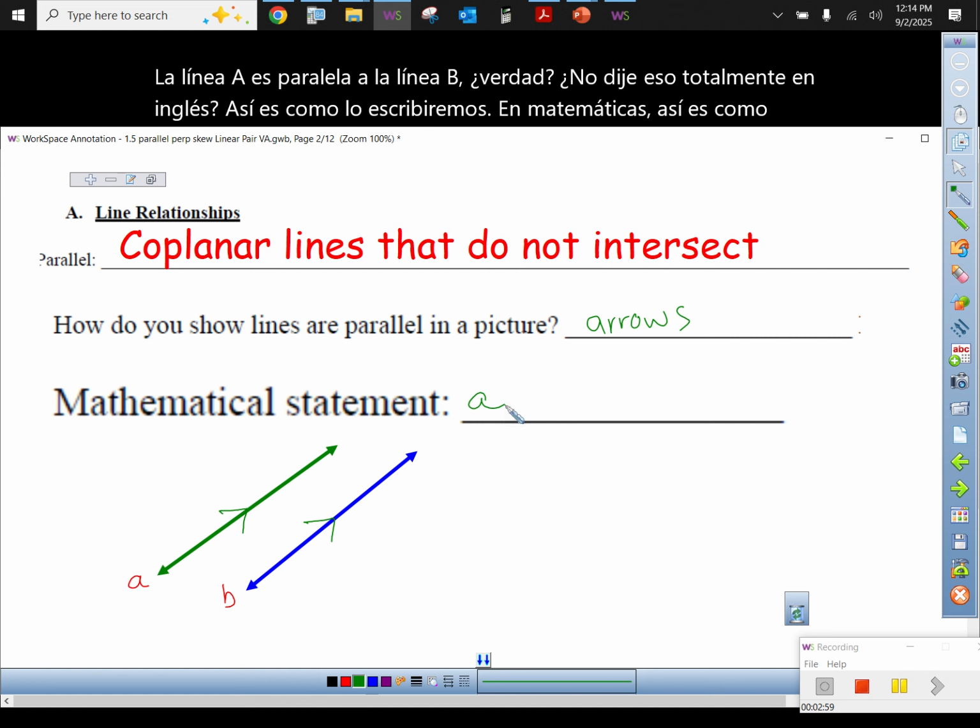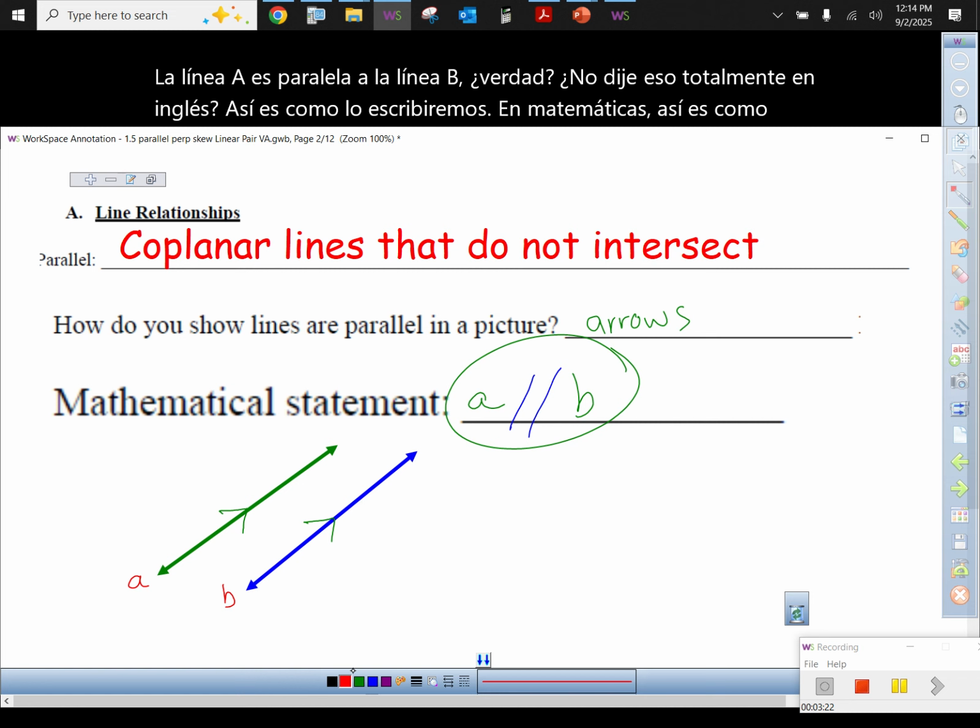And here's the symbol for is parallel to. It looks like two slashes right next to each other. You've probably seen that before, but just refreshing your memory. Then line B after that. That totally says line A is parallel to line B. In a math statement, it's two slashes. In a picture, it's the arrows.